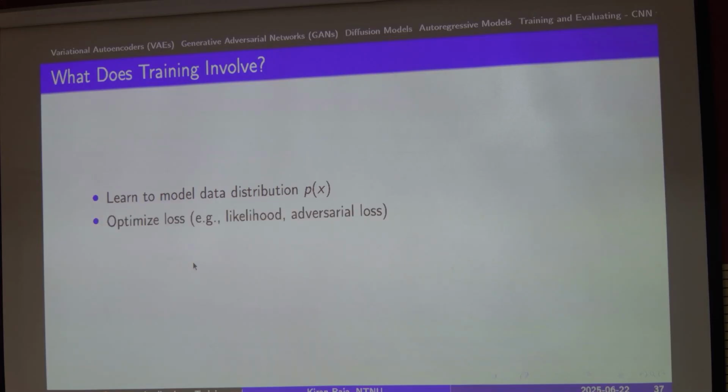Learning the distribution means that here also comes the idea of a loss, but in this case we are looking at some other loss than the cross entropy loss, right? We look at the likelihood loss, we look at the adversarial loss, because we are interested in finding out the likelihood of this data representing what we want to learn, right? And irrespective of what architecture you are using, VAE, GAN, flow-based or diffusion-based architectures, they all are trained in this same order.